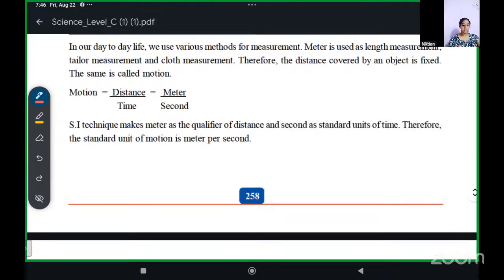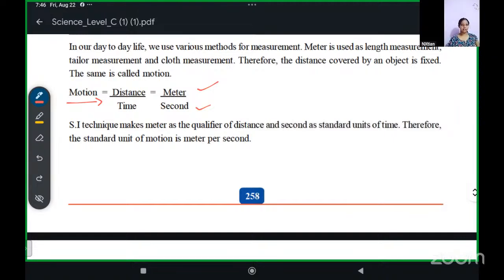Therefore, the distance covered by an object in a fixed time is called motion. Okay, motion equals distance upon time. Now distance is calculated in meter and time is calculated in second, so it becomes meter upon second.